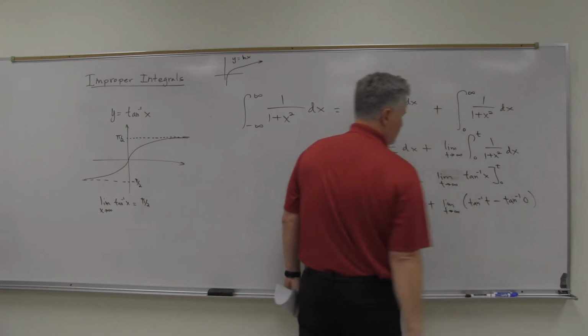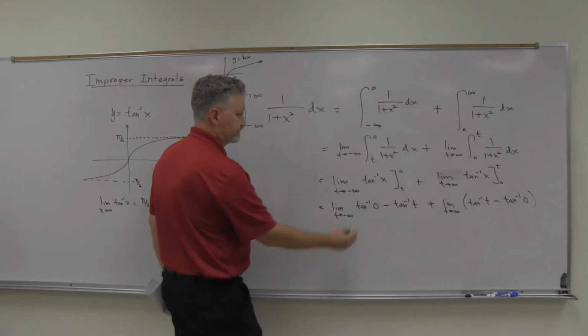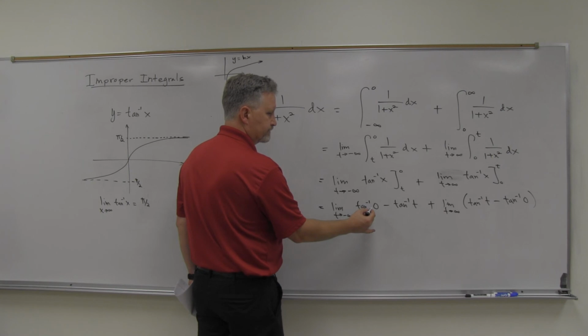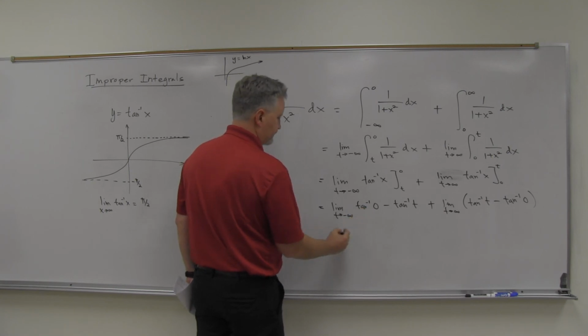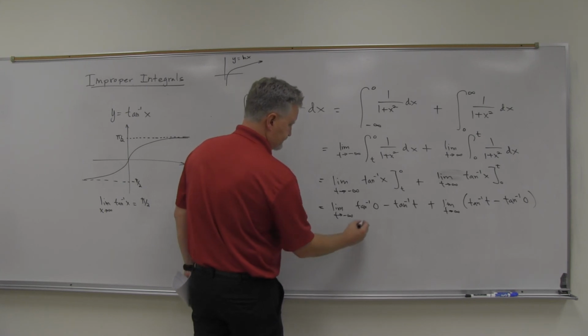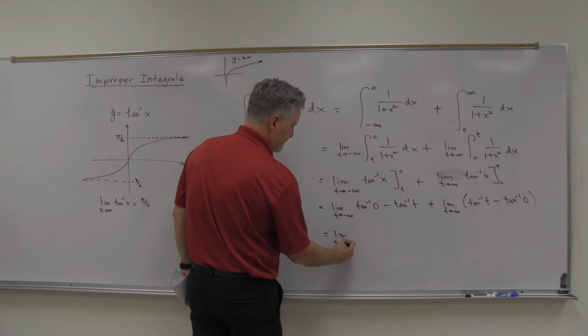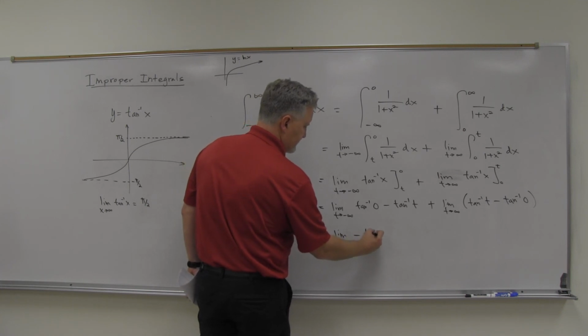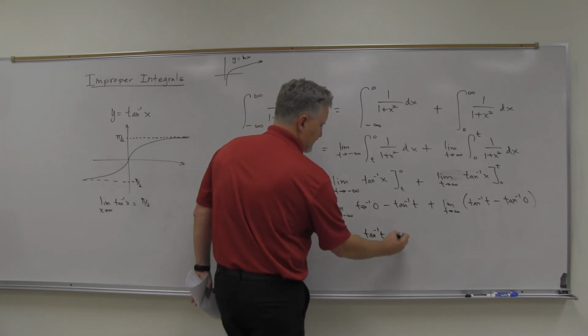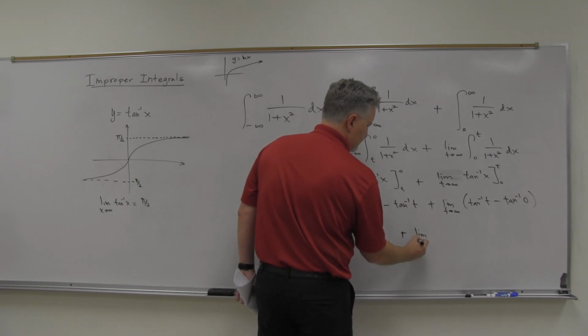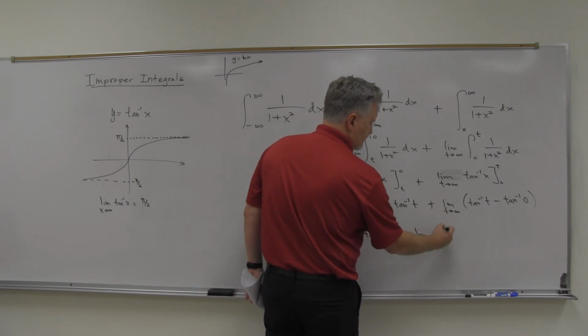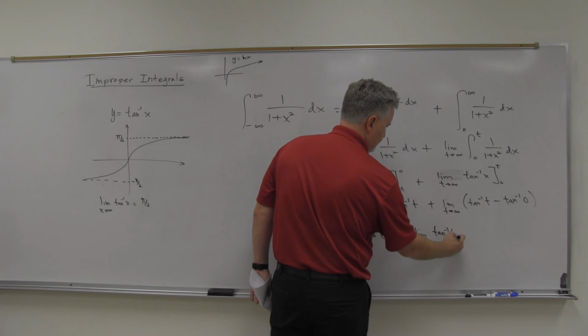But what's tangent inverse of 0? That's 0. So we just wind up with negative tangent inverse of t. And then over here we'll have the limit as t goes to infinity of tangent inverse of t, because this is 0.